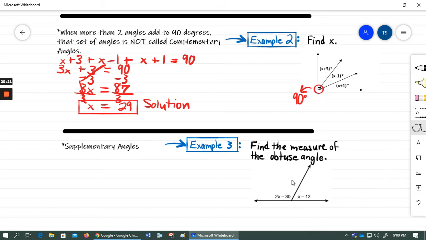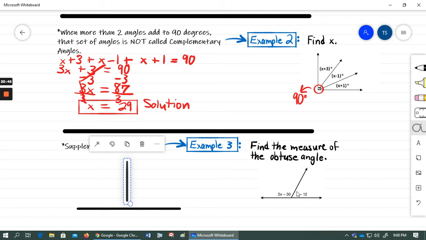One of those was obtuse angles, right? Remember that obtuse angles are angles whose measures are bigger than 90, in between 90 degrees and 180 degrees.